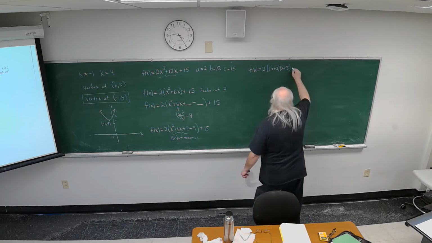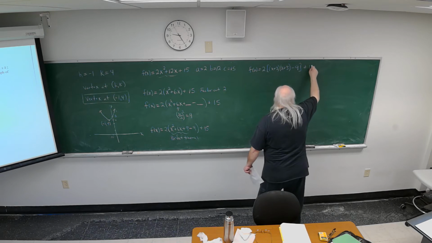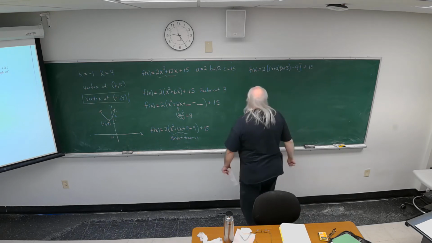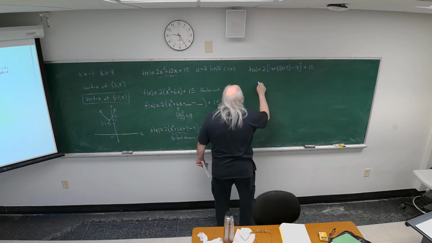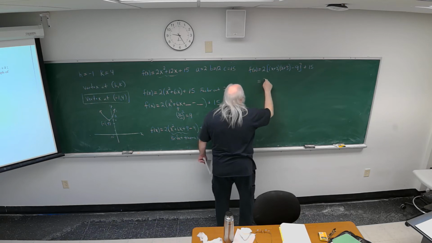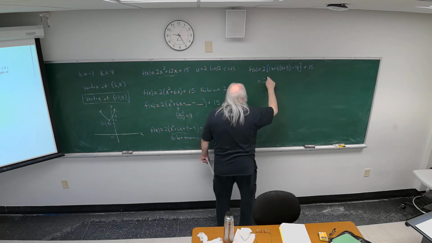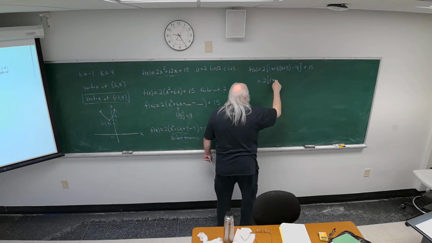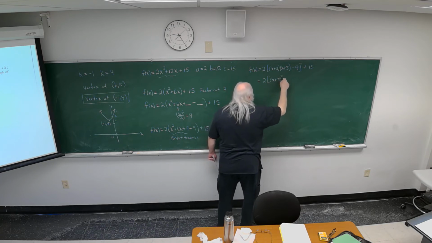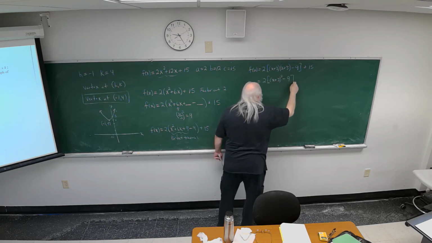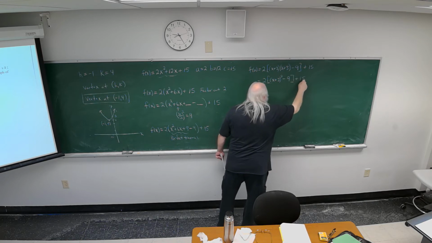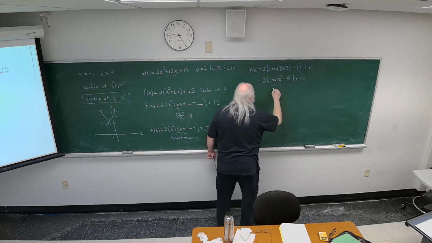And then we have the minus 9. And then outside the brackets, we have plus 15 all by itself. Well, x plus 3 times x plus 3 is x plus 3 squared. Right? So that's our perfect square.